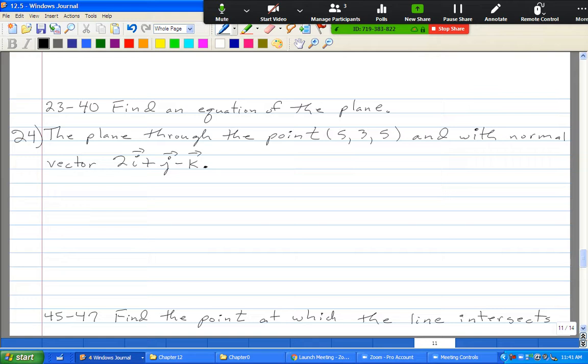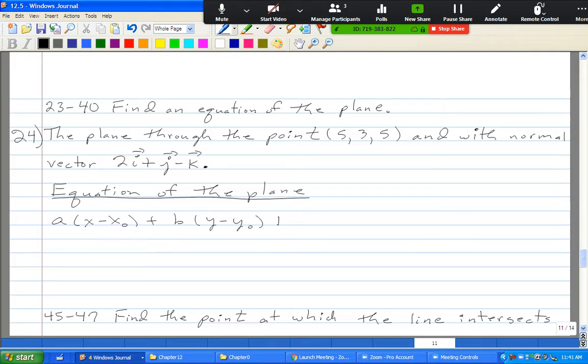So let's do the equation of the plane. We'll use a times x minus x sub 0 plus b times y minus y sub 0 plus c times z minus z sub 0 is equal to 0. Let's use this form because we have a point and we have a normal vector. And so we can directly do this.